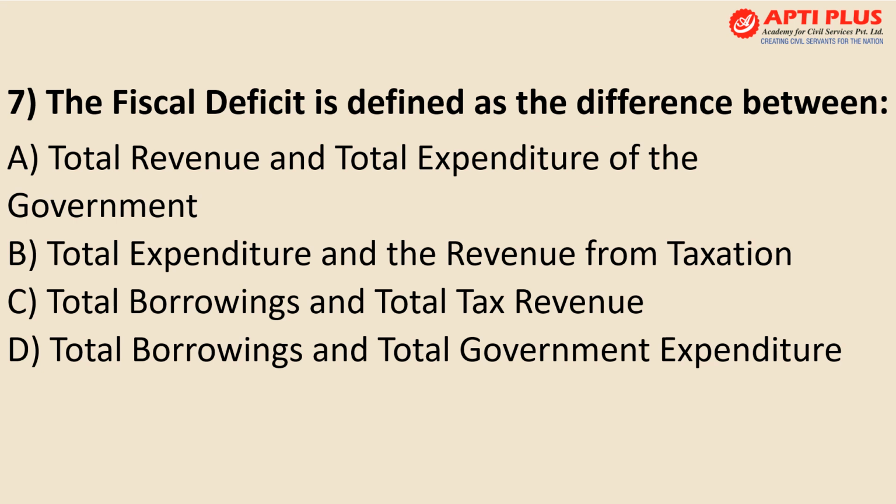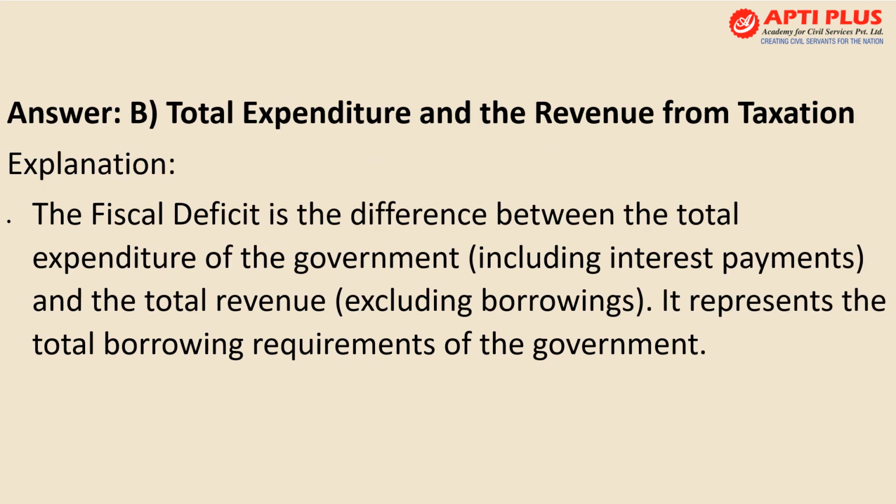The fiscal deficit is defined as the difference between A, total revenue minus total expenditure of the government, B, total expenditure and the revenue from the taxation, C, total borrowing and the total tax revenue, D, total borrowing and the total government expenditure. Your answer is B, total expenditure and revenue from the taxation. So let us see the explanation.